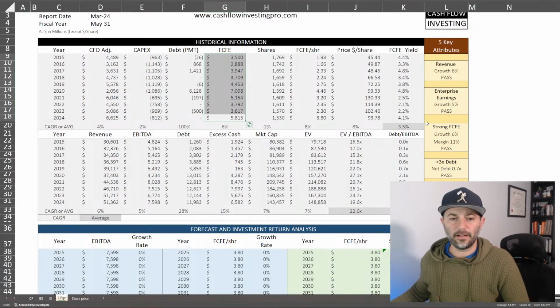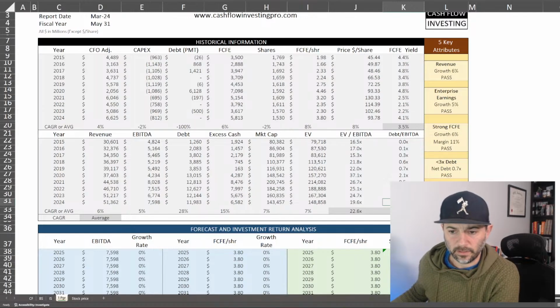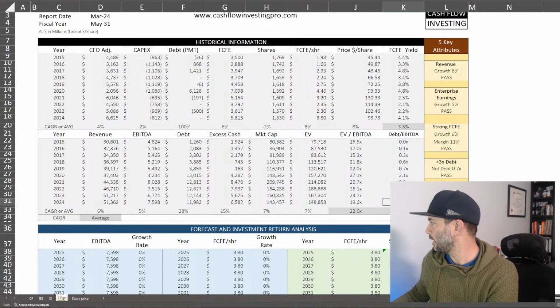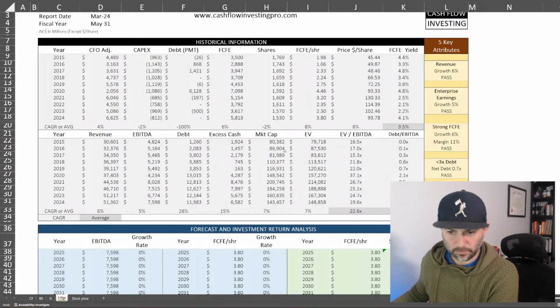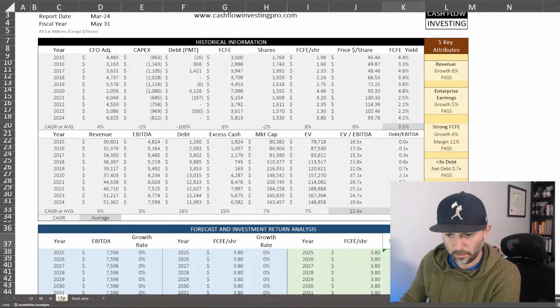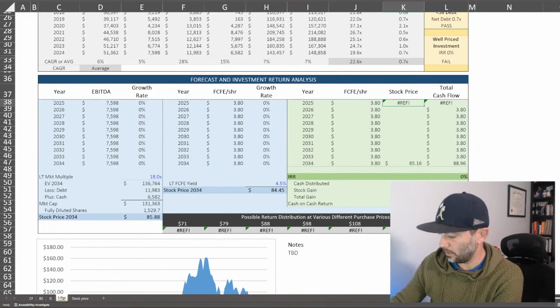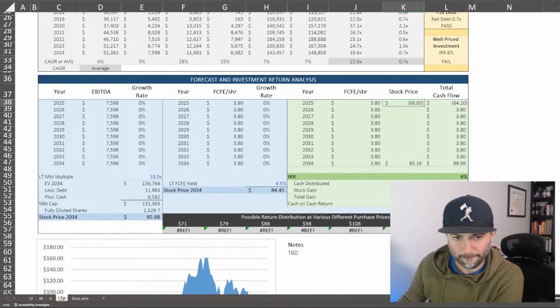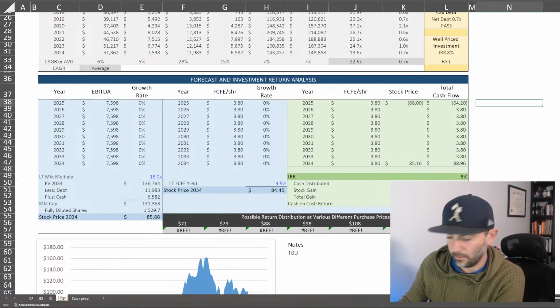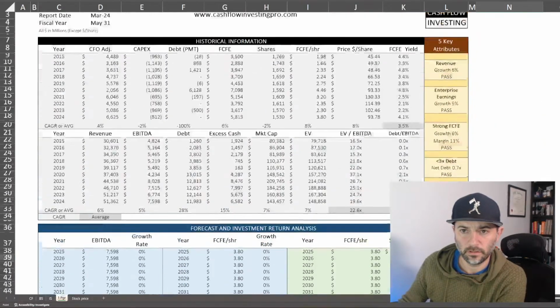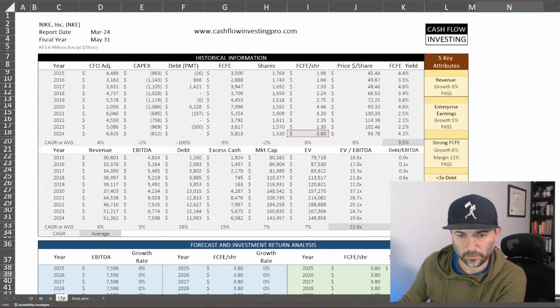You're buying the stock today. What's today's price? I haven't even looked. $68. So let's take 68 times the shares, just to get the current price, current enterprise value.